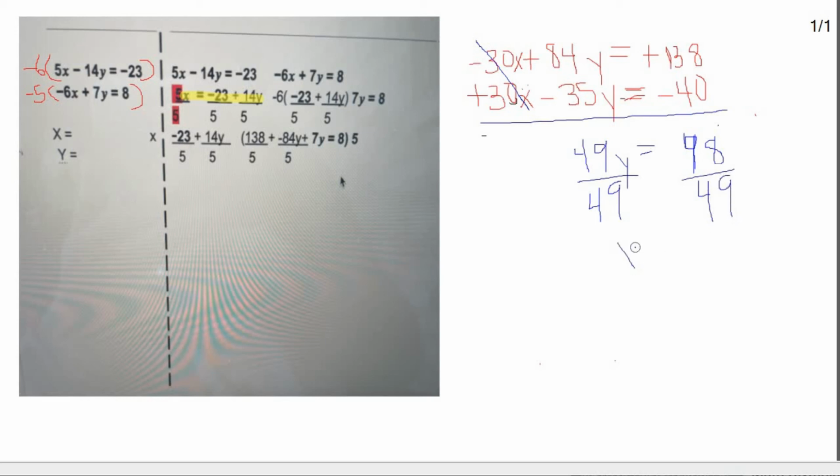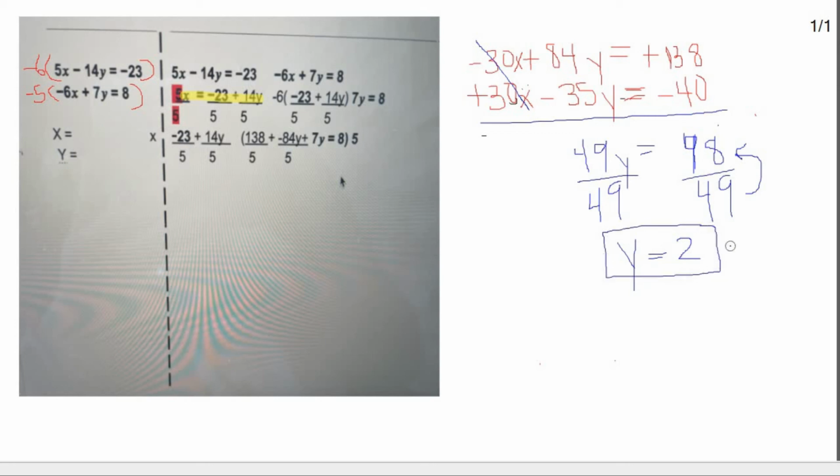And that's going to give us y is equal to 98 divided by 49. Okay, Miss Cynthia, so when you divide 49 into 98, that's going to give you 2. So our y value is actually 2.